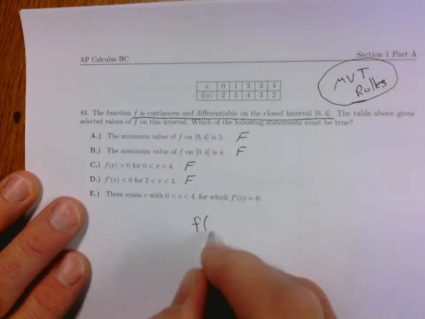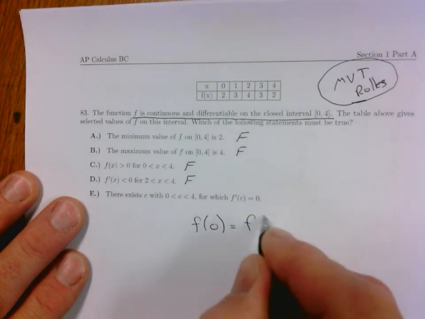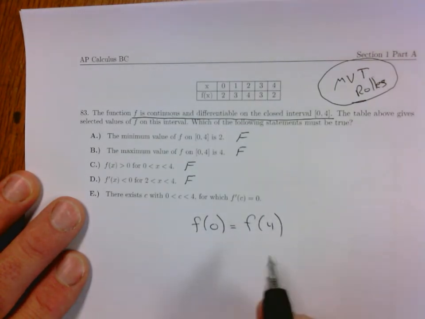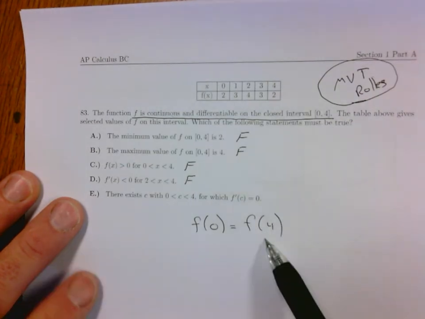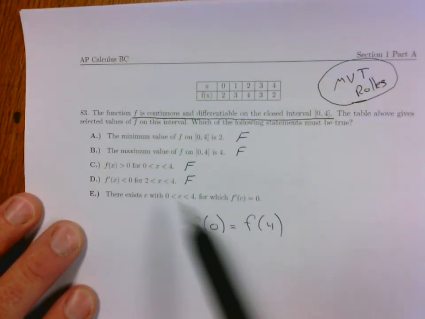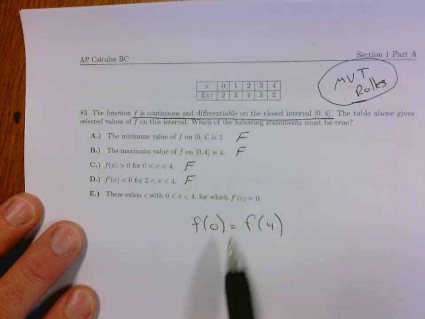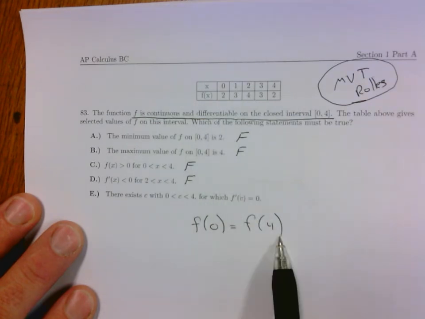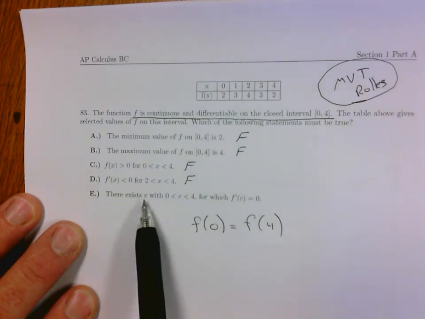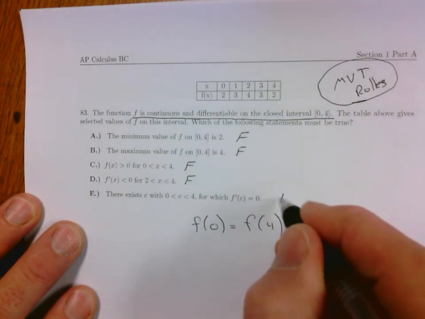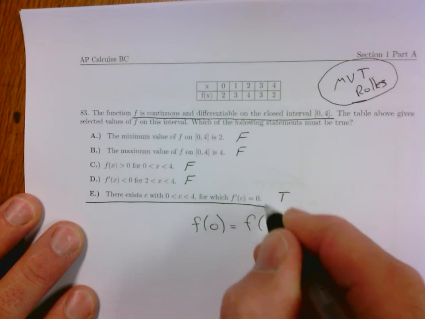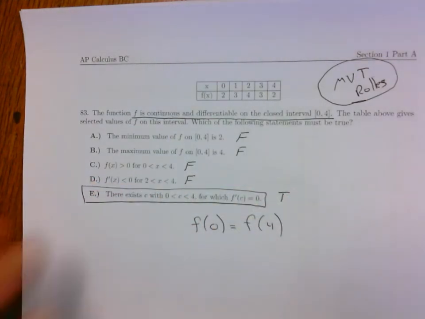And f of 0 must be equal to f of 4 for Rolle's. Well, if you notice, f of 0 is 2, f of 4 is 2, so that is true. And then this is exactly the statement. If it's continuous, differentiable, and these two things are equal to each other, then there must exist some c value between 0 and 4 for which the derivative is equal to 0. So that is a true statement. So the answer is E.